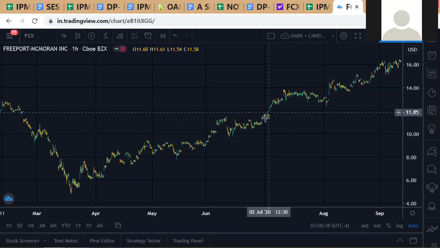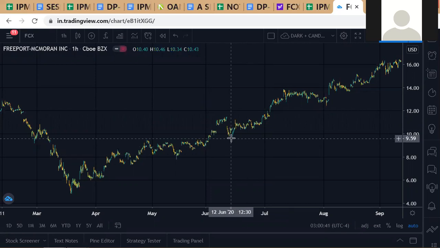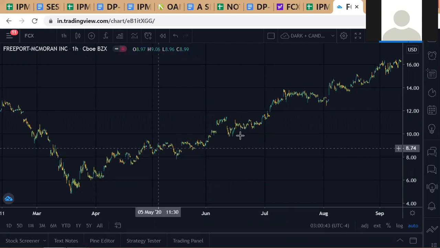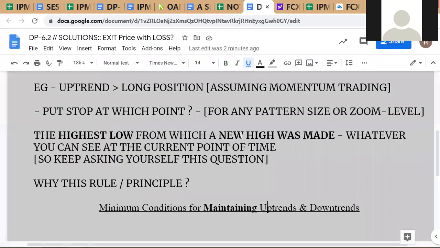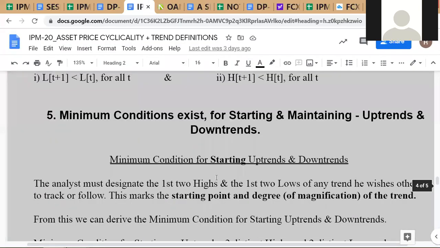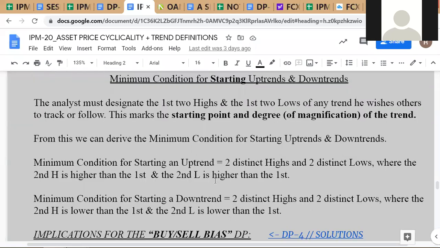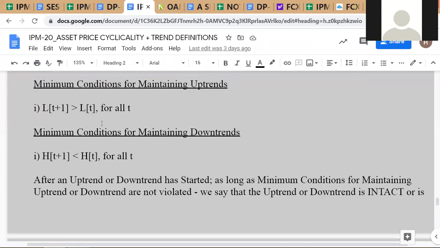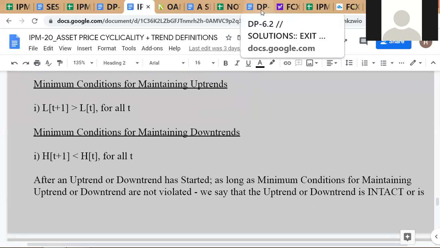What is that condition? LT plus 1 is greater than LT at all points of time. That's why I said, keep asking yourself this question. If you go back and look at the note, the condition for maintaining an uptrend or downtrend is LT plus 1 greater than LT for all t.